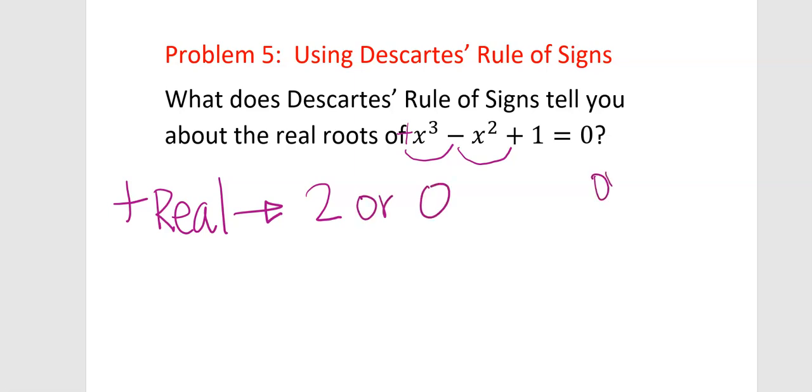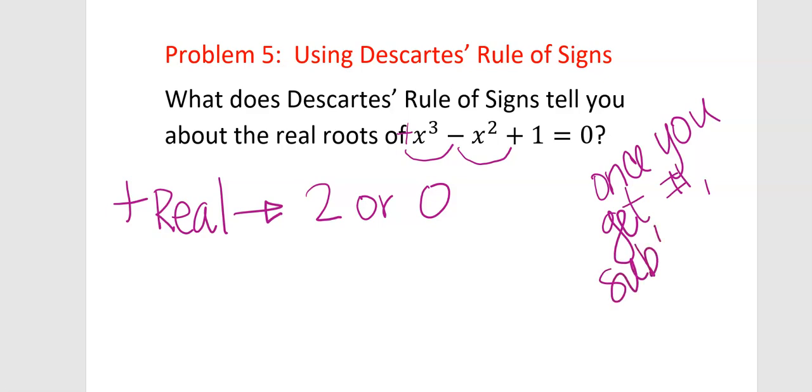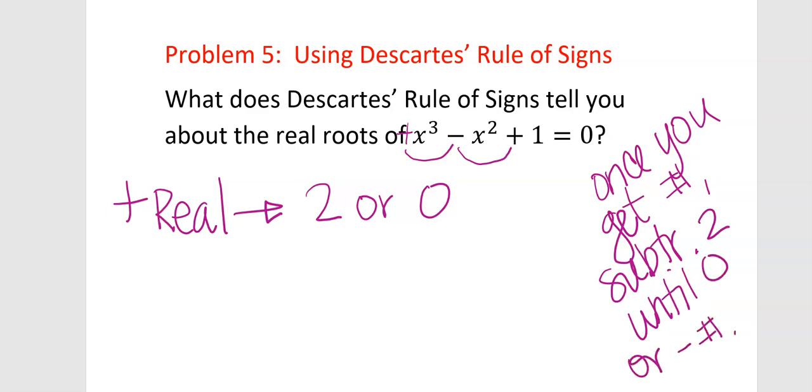So once you get your number, subtract 2 until you hit a negative number or 0, because we can't have negative numbers of solutions. So at the end, we could have 2 positive answers or we could have no positive answers. That's the only thing this tells us.